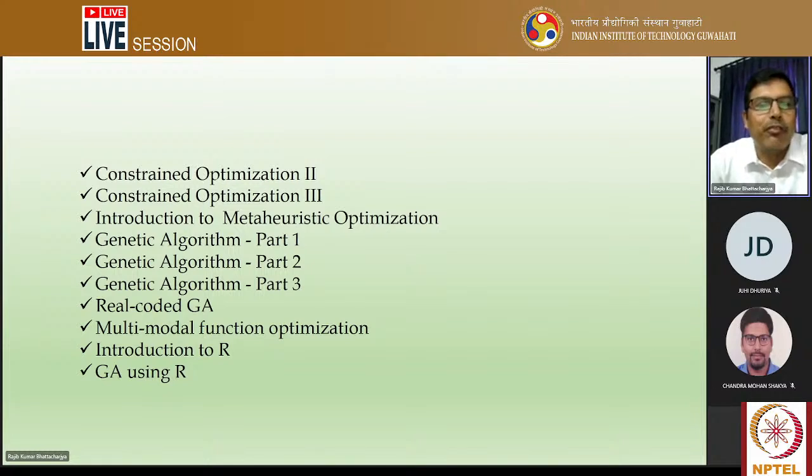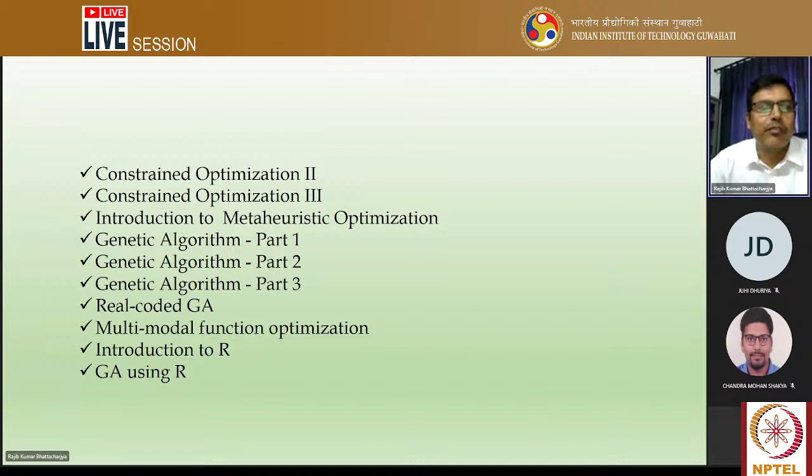And then for solving genetic algorithm, we discussed R programming. You can use R programming and solve a GA problem.